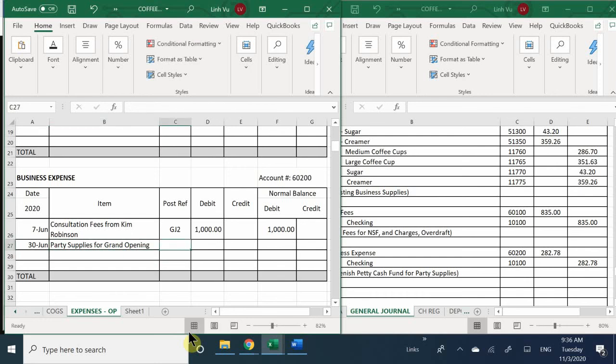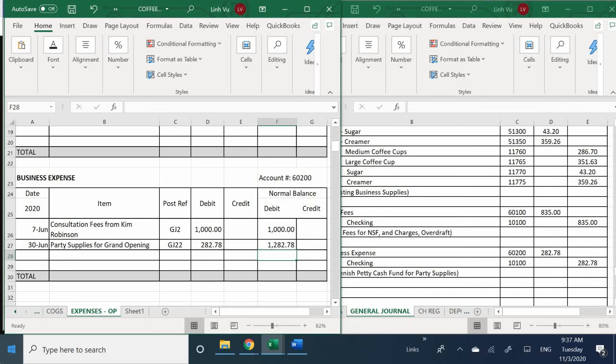General journal number 22, and we are debiting our account for $282.78, bringing our new balance to be $1,282.78. Good.